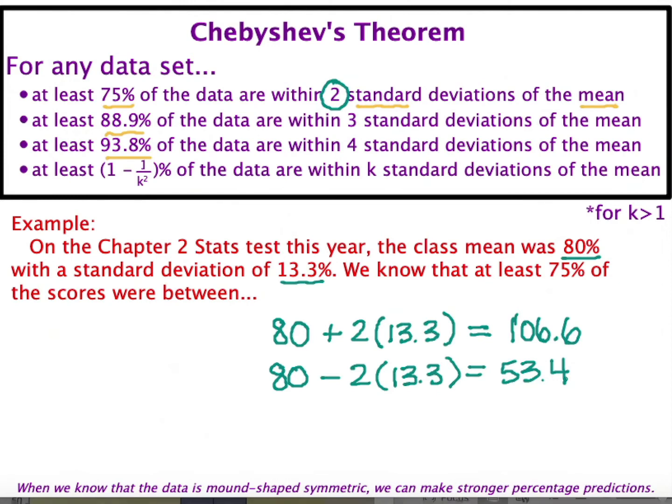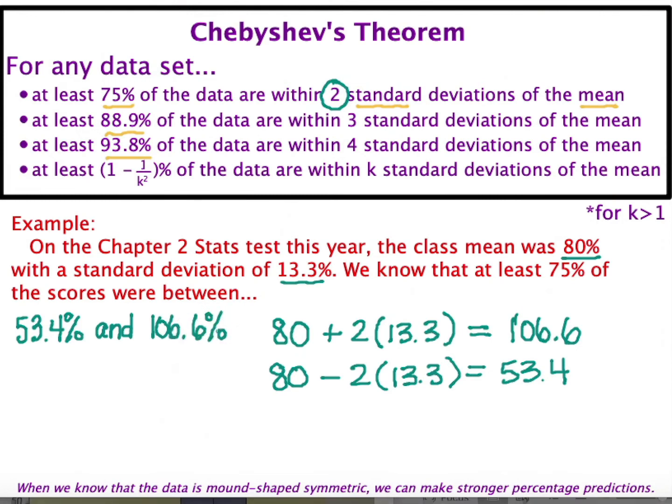So that is an interval that we know that at least 75% of the scores are between 53.4, and these were measured in percent, and 106.6.